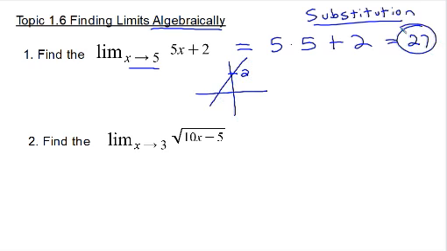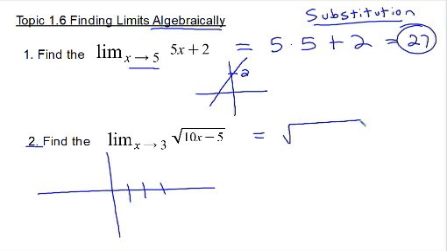Pretty easy. And we also know a lot about this function on number 2. We know that it's just a regular old square root function, all right? And so we can plug this in. We can just substitute again. 10 times 3 minus 5. So that's the square root of 25.